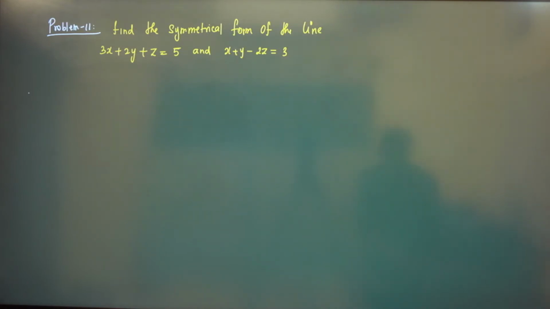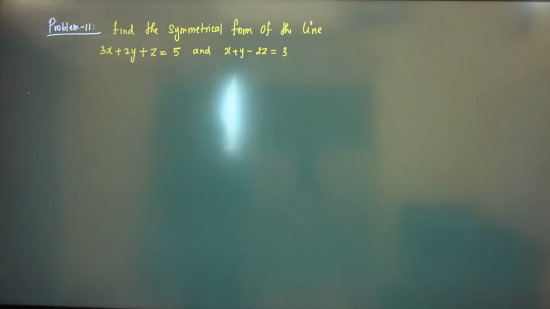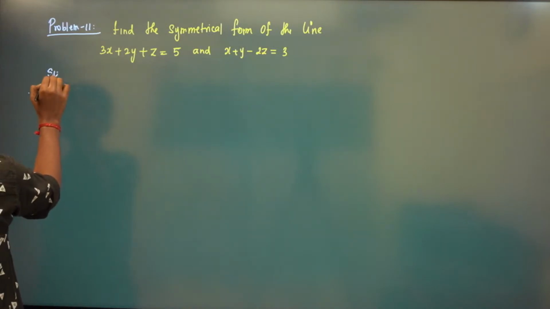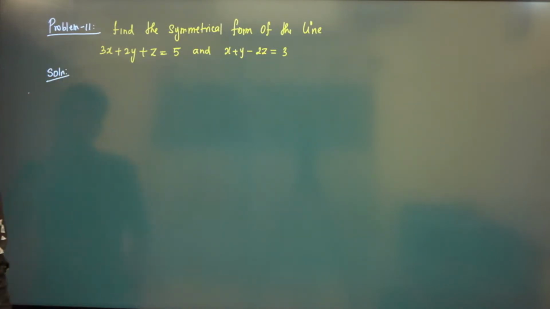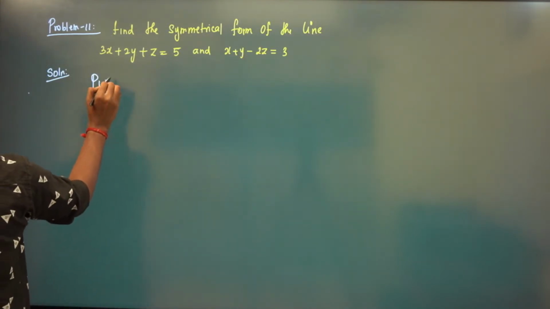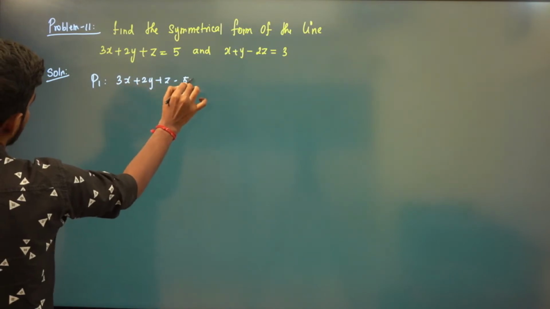Okay, so we'll continue this problem. So they are given P1 and P2. The first plane is 3x plus 2y plus z minus 5 is equal to 0.